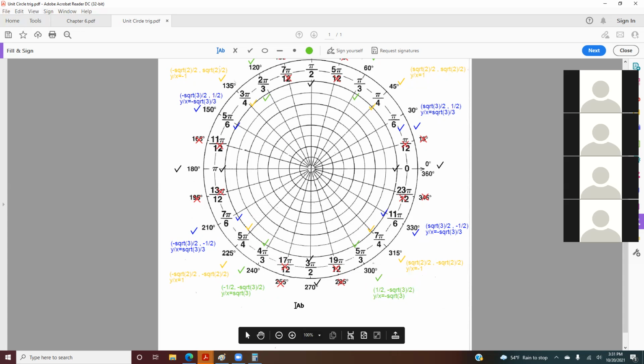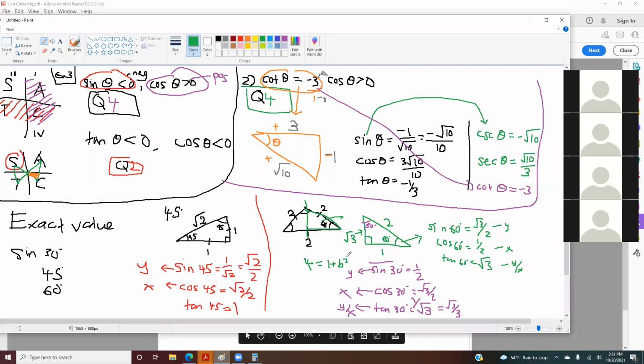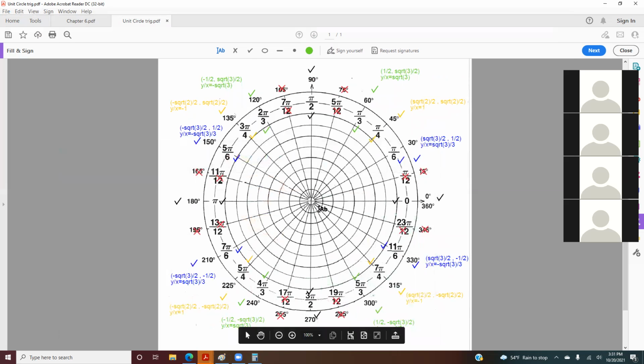So these are all the coordinates for your 30, 45, 60, and it's all based on these triangles. This is very important that you do it. And finally is the special case. Remember, I told you that's the one on the axis, the x and y axis.